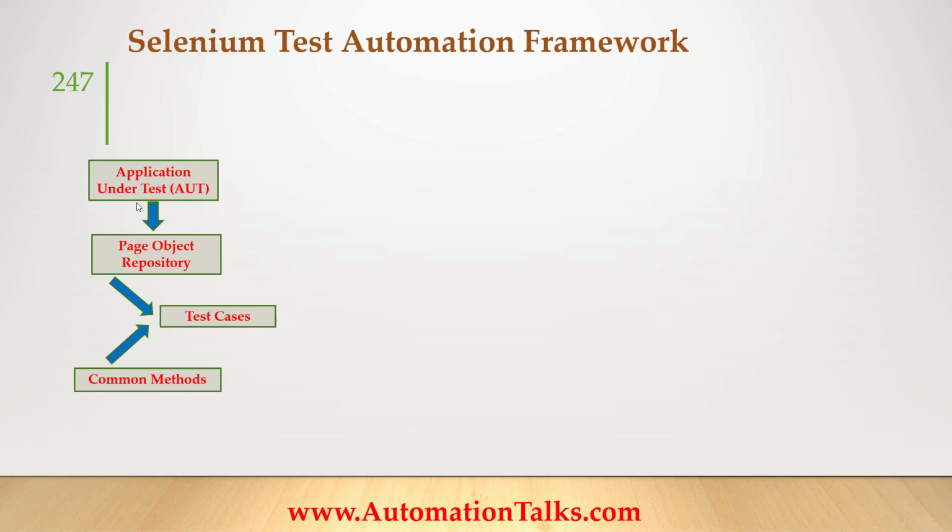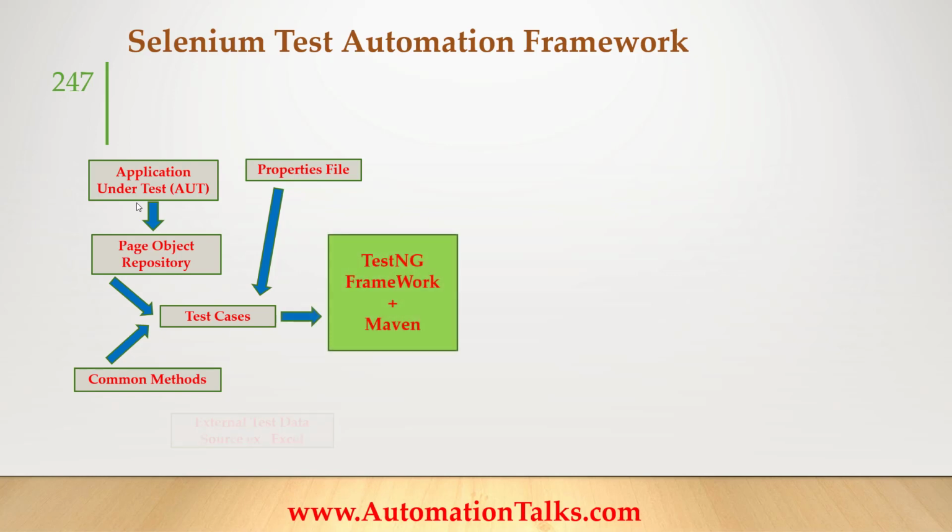So we'll be calling methods from the common methods package and object repositories, and we will be reading data from a properties file, where we'll store data, for example my URL or some credentials, DB credentials, Unix credentials, or whatever, okay. We'll see what parameters we can put into the properties file.